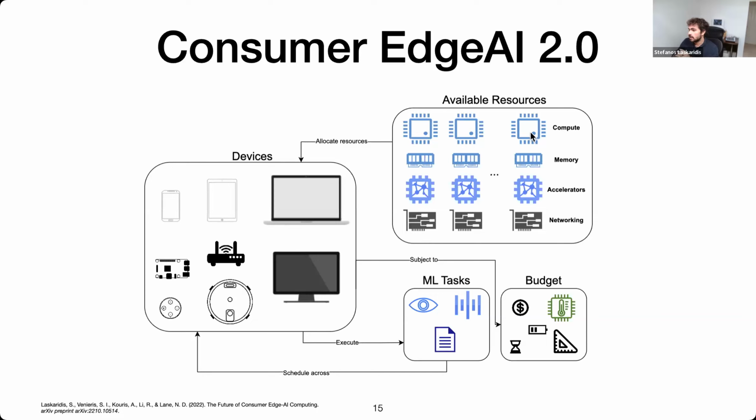Therefore, you have various hardware with resources that are able to offer their cycles, and you have various tasks that need to be executed. Therefore, we can draw a parallel to this allocation or scheduling problem: from ML tasks to resources, subject to a specific budget.